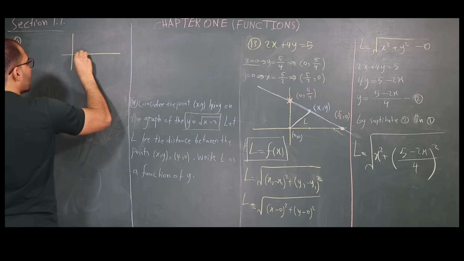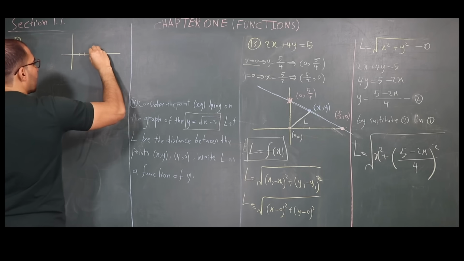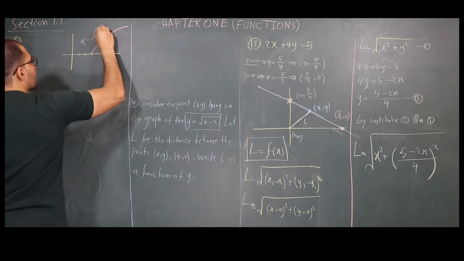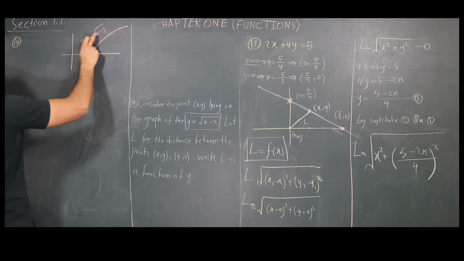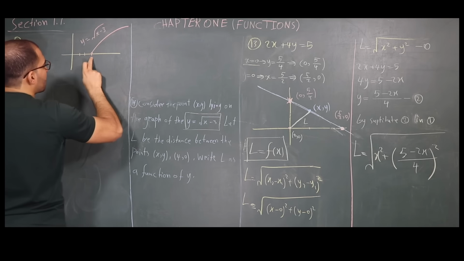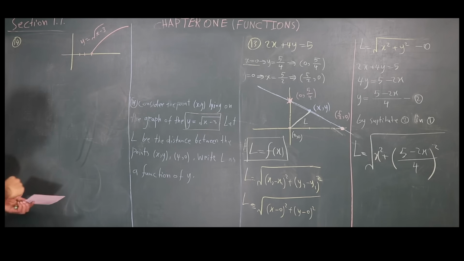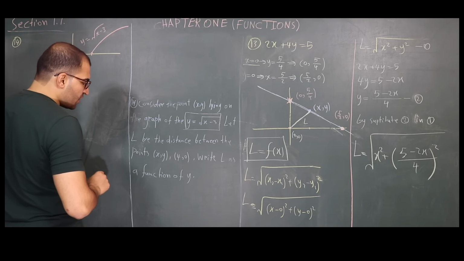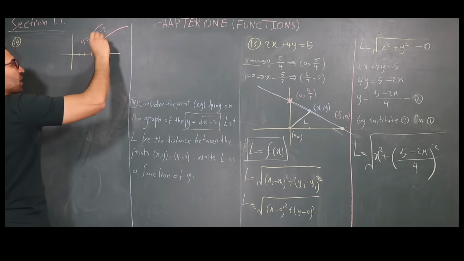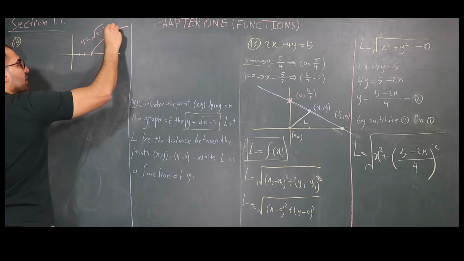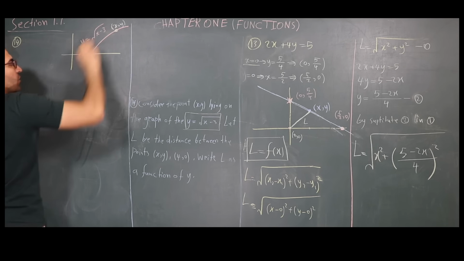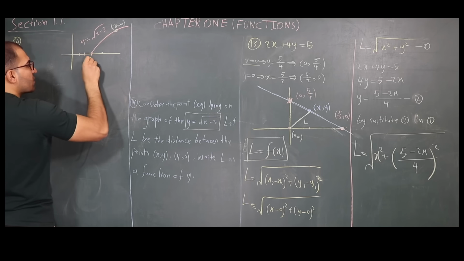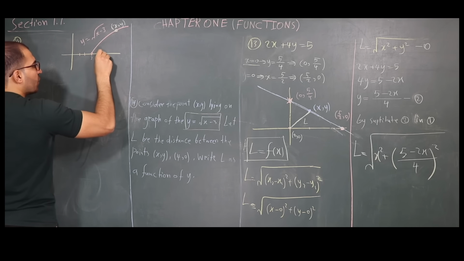It should be 1, 2, 3 from here, because when you substitute 3, the result will be 0, and then it will increase from other points. We have the point (x, y) on the graph, let's say here, and we have (4, 0). It will be here because this is 3.